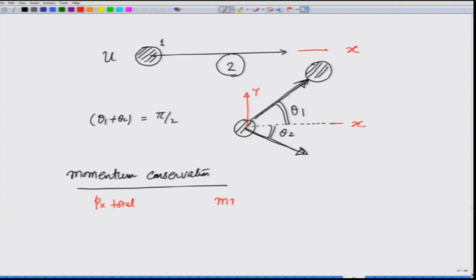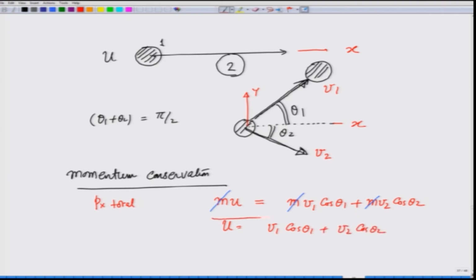Earlier the momentum was mu, and after the collision the first ball is moving with velocity, let us say v1, and this is moving with v2, m v1 cosine of theta 1 plus the momentum of the second ball in the x direction is going to be m v2 cosine of theta 2, and you can see that m cancels, and therefore I have u equals v1 cosine of theta 1 plus v2 cosine of theta 2. I have got one equation from momentum conservation.